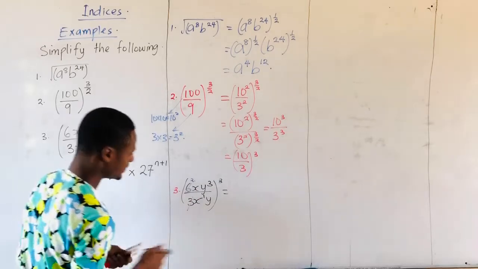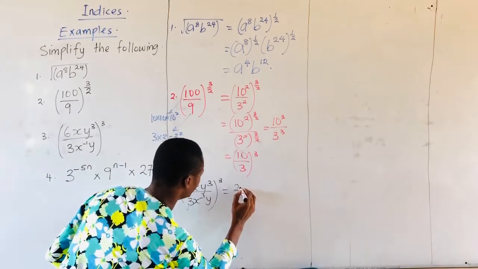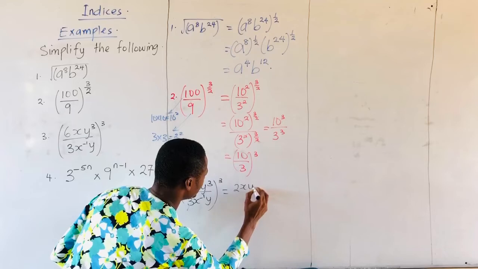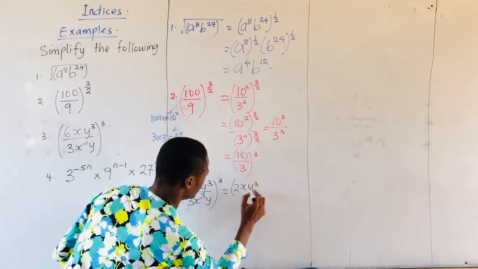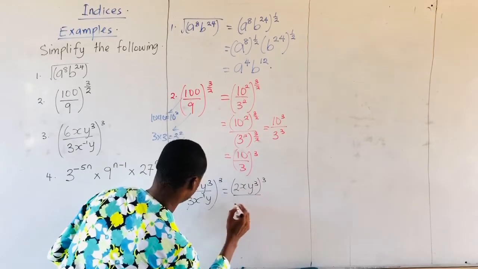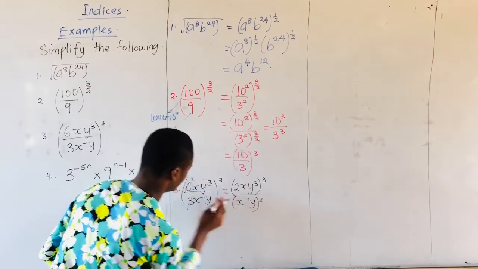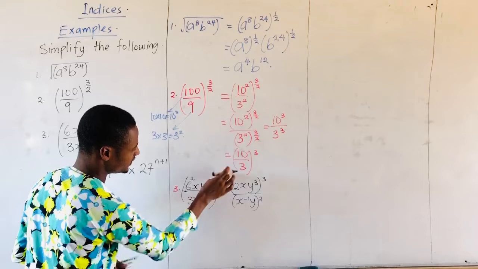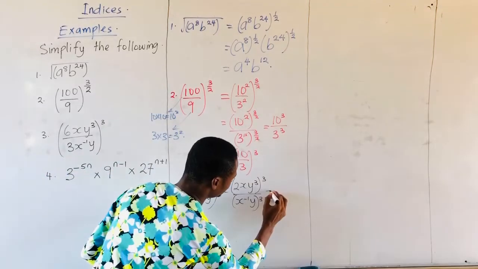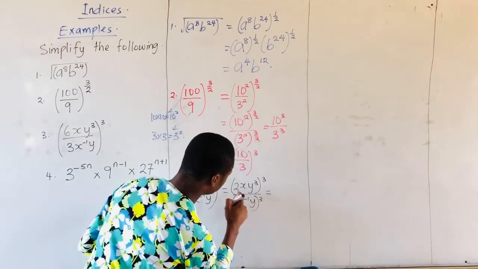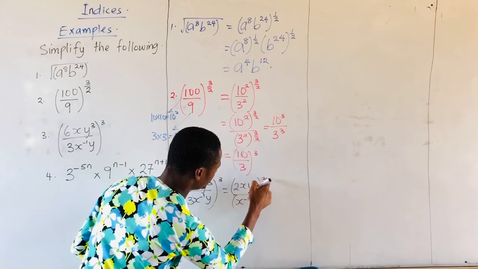And that will give us 2x y cubed all to the power 3 over x minus 1y all to the power 3. The numerator takes the power, the denominator takes the same power. And that will give us, all the elements here will take this power.